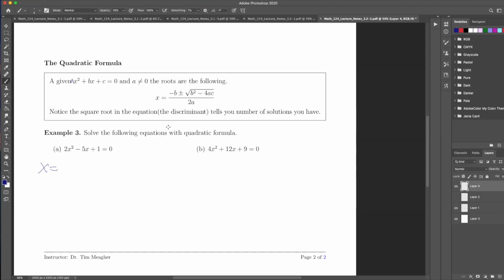I learned best to music. I think it goes negative b plus or, no, I can't sing it. I just remember it goes all over 2a. That's all I remember, guys.